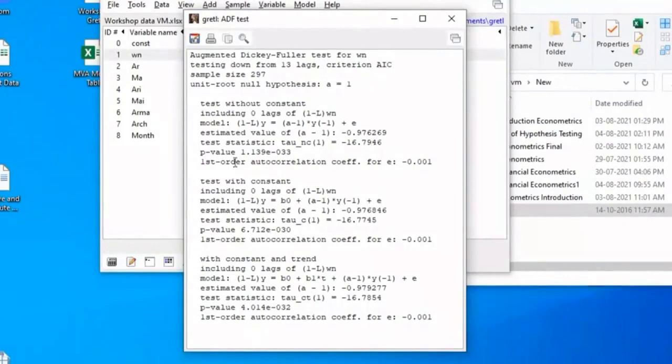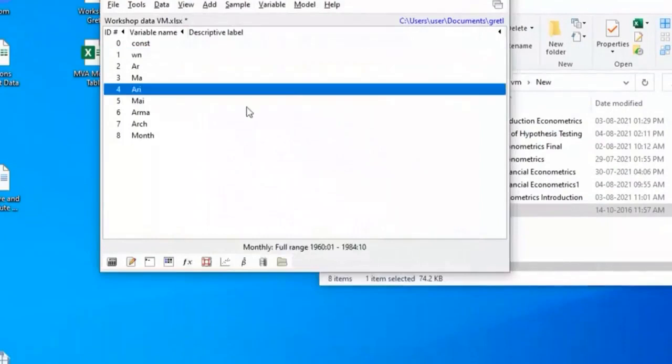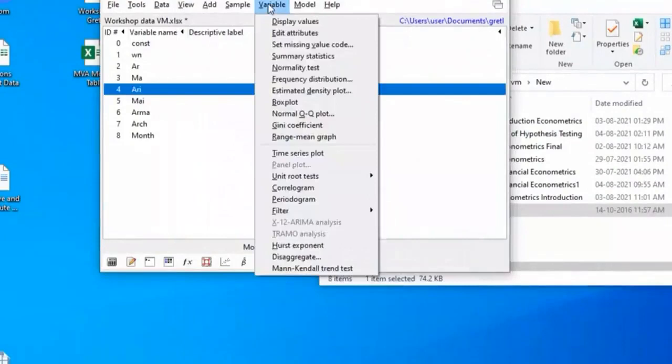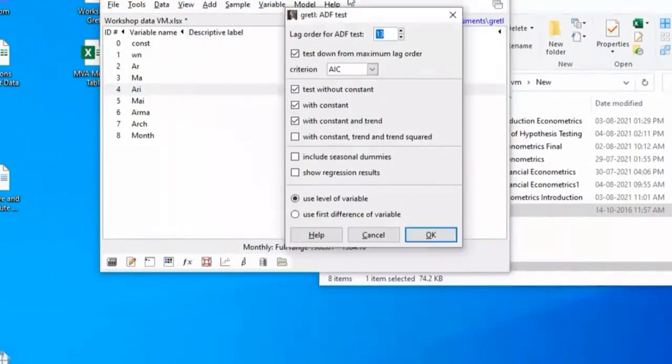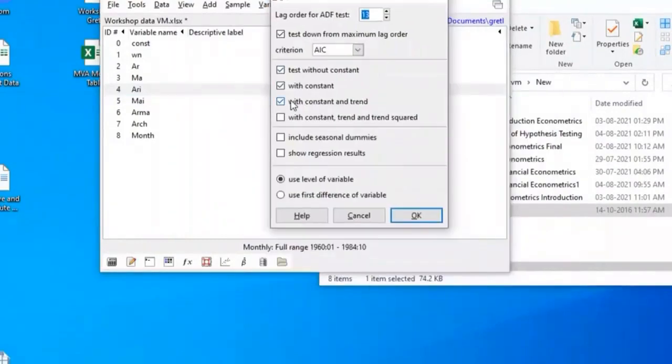Now let us go to the fourth variable, ARI. Go to the variable, unit root test, ADF. Of course, we are doing all the three. Then click OK, using the level of the variable.